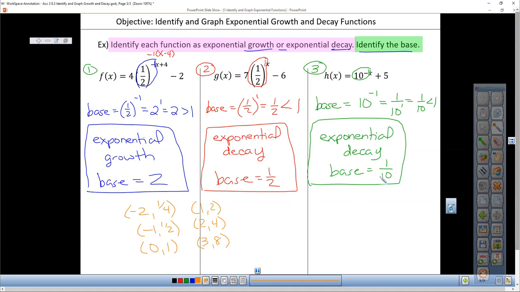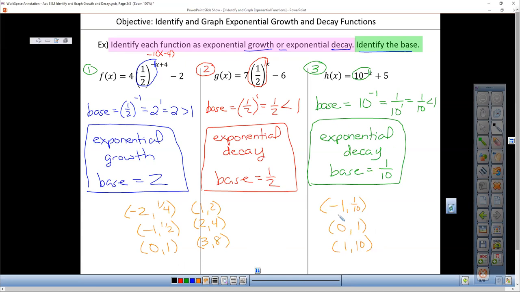Whereas over here, if we're going to have a base of 1/10 or 10, then we use the points that are the powers of 10. So we have -1, 1/10; 0, 1; 1, 10. And those were the three that were doable with graphing by hand, where the y's again are the powers of 10 and the x's are the exponent value.